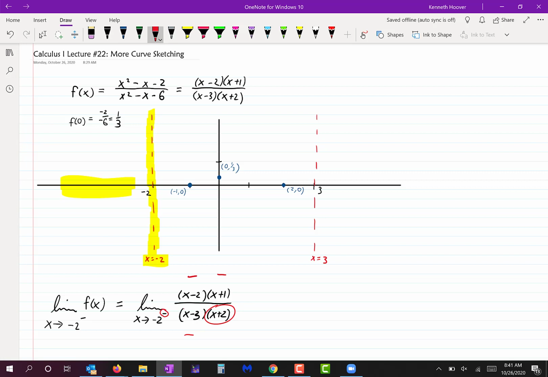You get negative numbers. If you're not sure where I'm getting this from, just take a number that's less than -2, like the number -3, and plug it in there. You'll get -3 plus 2, and that's a negative, right? That's all I'm doing.